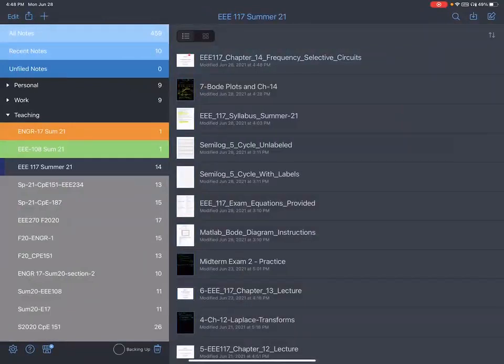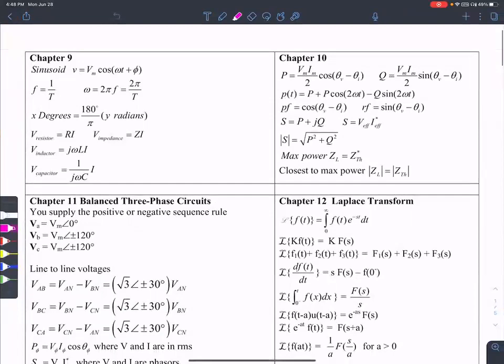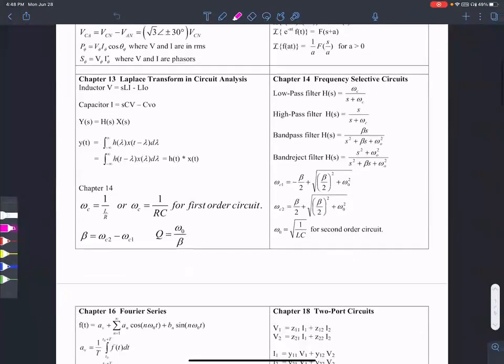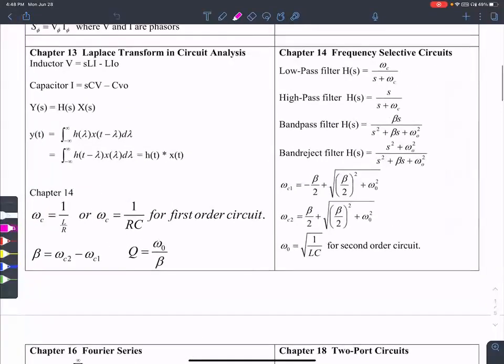Equations provided: wherever possible, you want to use these equations. Chapter 14: omega c, the cutoff frequency for an RL circuit, low pass or high pass, is going to be R over L.